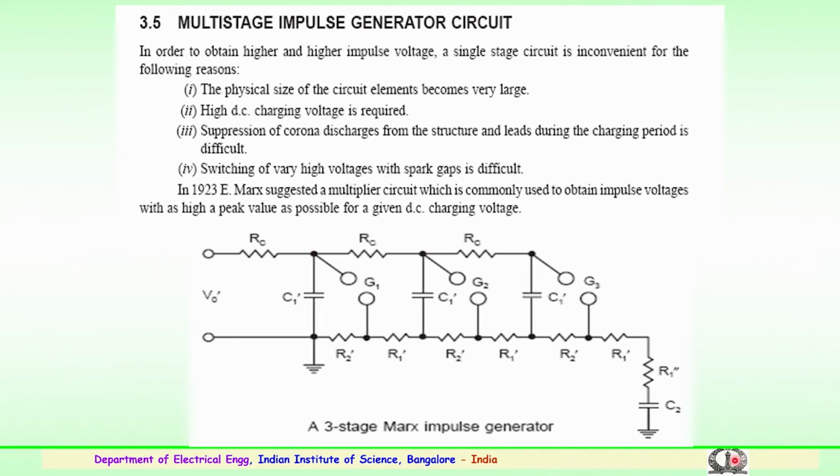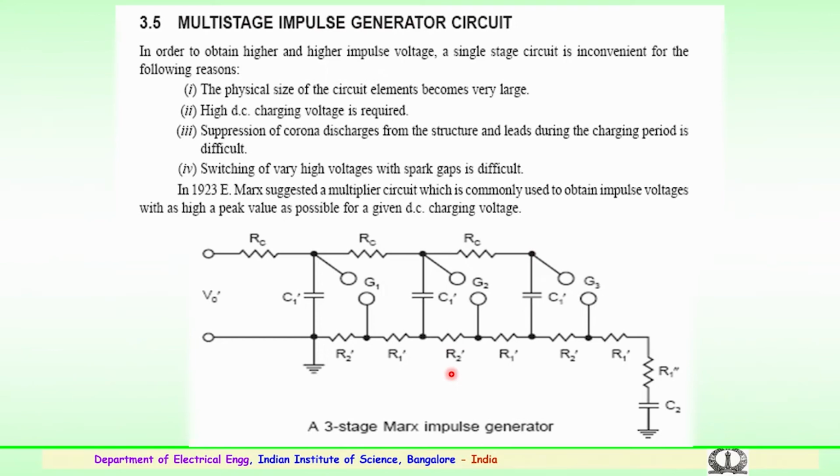The physical size of circuit elements becomes very large, and a high DC charging voltage is required if you use only one stage. Suppression of corona discharges from the structure and leads, particularly during the charging period, is very difficult. Switching of very high voltages with spark gaps is equally difficult in a single stage impulse generator.